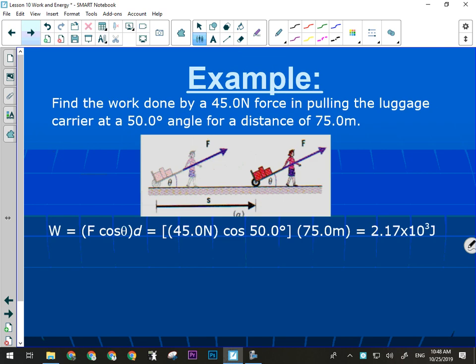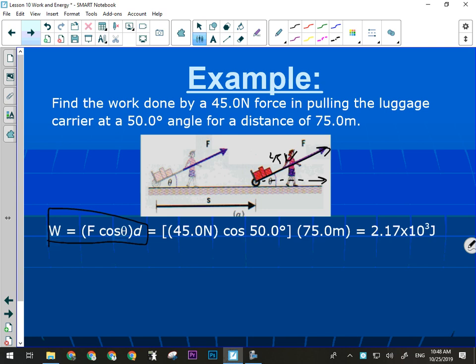Okay, so if we look at this one, this is a very simple example here. Find the work done by a 45 Newton force in pulling a luggage carrier at a 50-degree angle for a distance of 75 meters. All right, so we know that work equals F cos of theta times d. We know that this force here is 45 newtons, but the luggage carrier doesn't go that way. The luggage carrier goes this way.